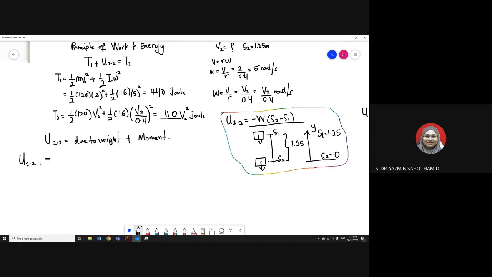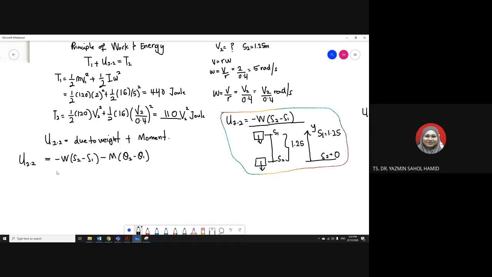So due to weight, it will be negative W times S2 minus S1, and due to moment it is negative because it is a friction moment, times theta 2 minus theta 1.